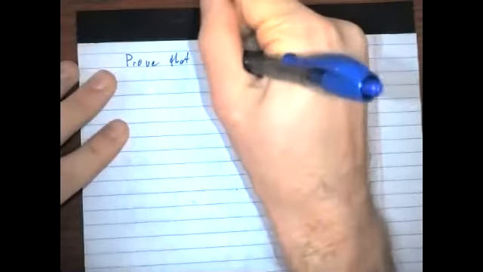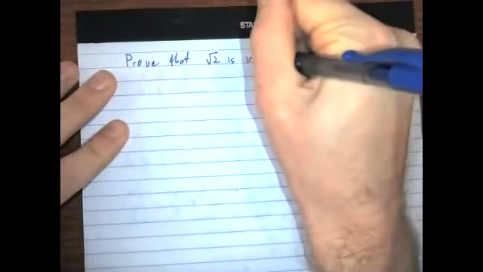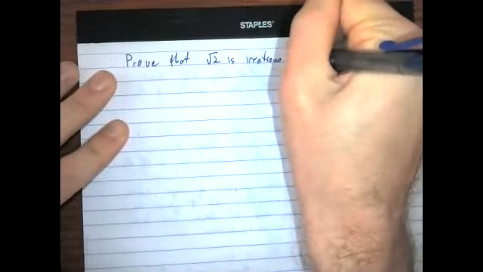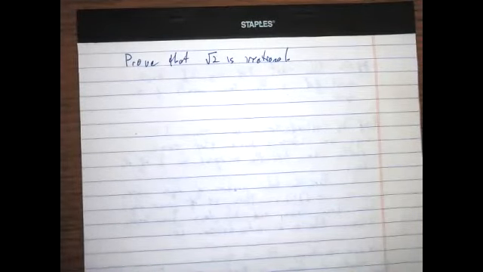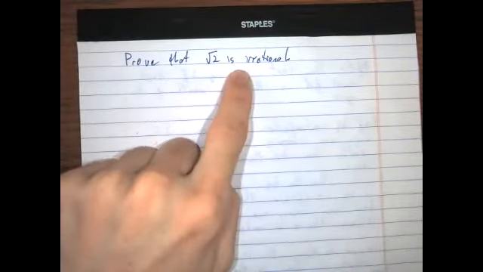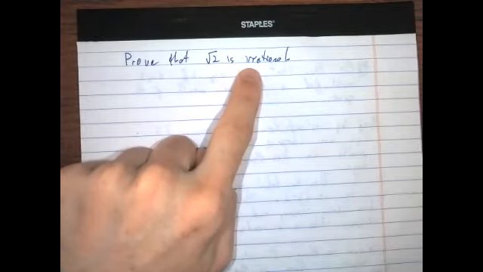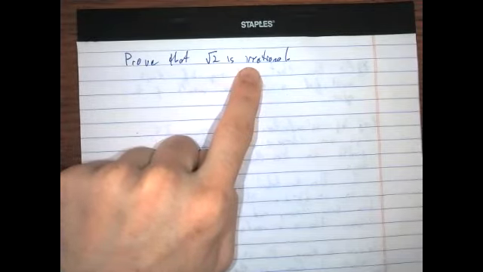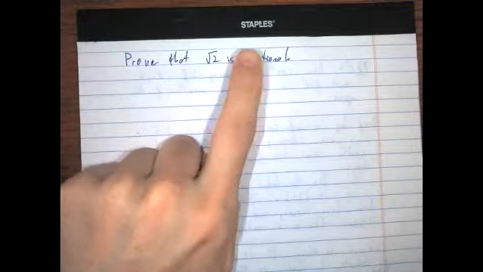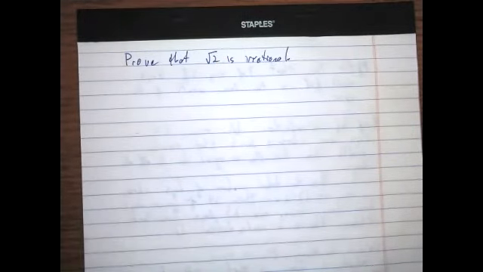So let's prove that square root of 2 is irrational. And what we're going to do is we're going to prove it by contradiction. This is a very reasonable thing because it's difficult to do something with an irrational number, but we can do something immediately with a rational number.